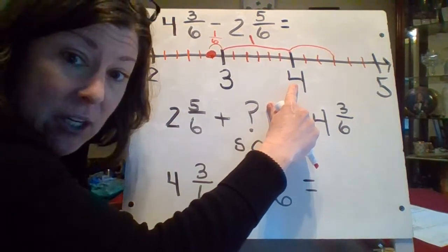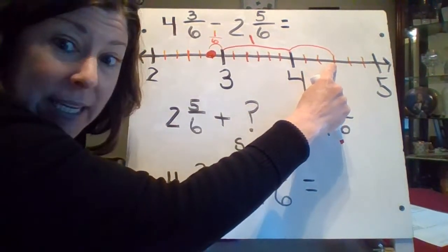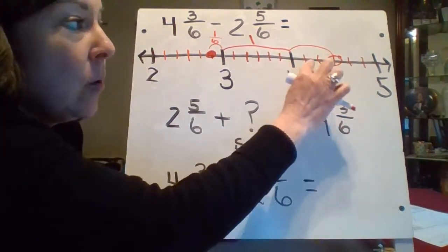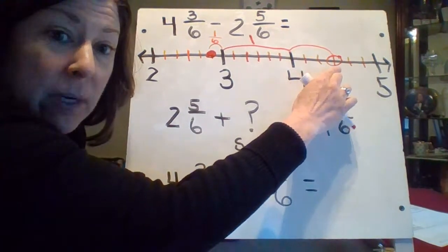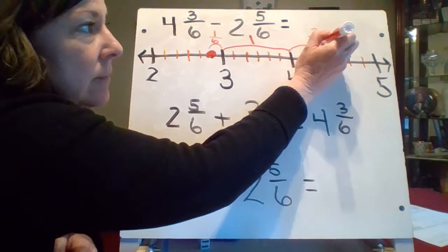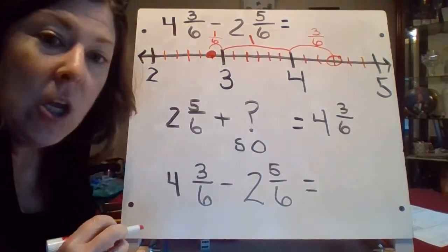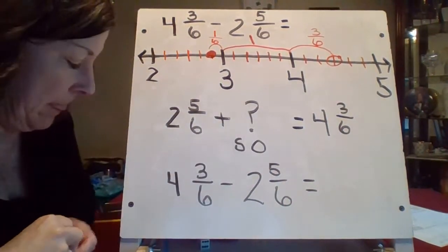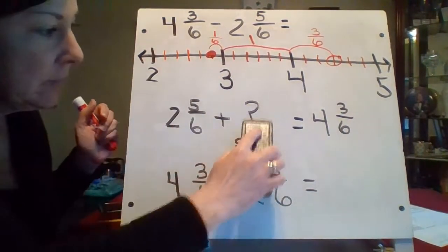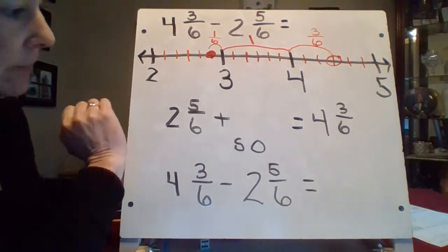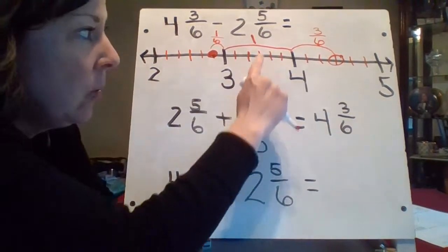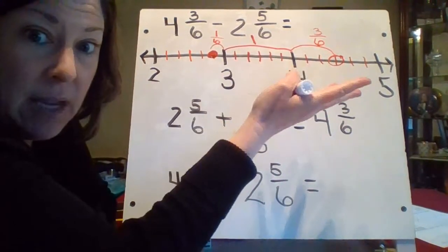And then from here to here was another 1, 2, 3 sixths. So now I want to fill in my question mark. And I moved up. Let's see how far.